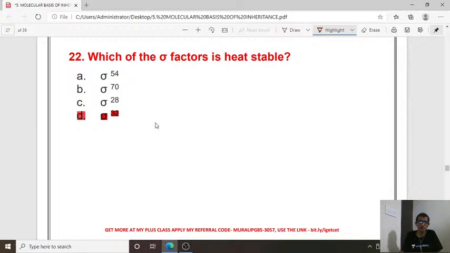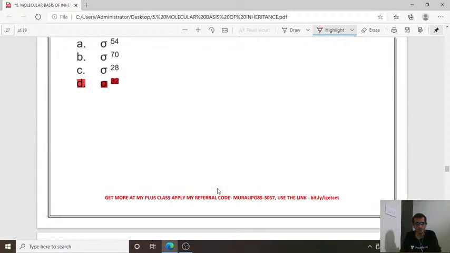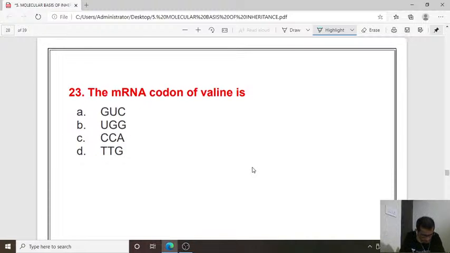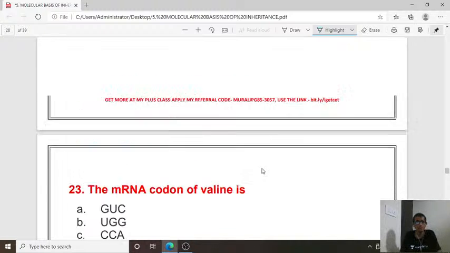Okay, sigma 32 has the heat stable property. So D is the right answer for the 22nd. And 23rd, yes, sigma 32, you are right.